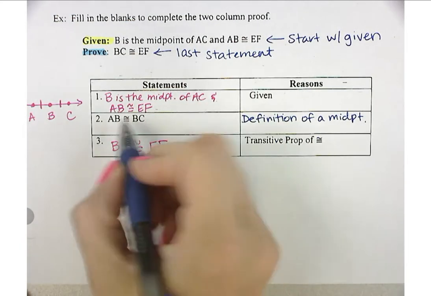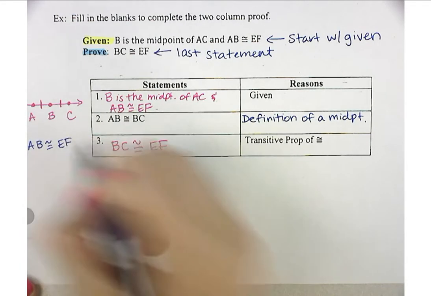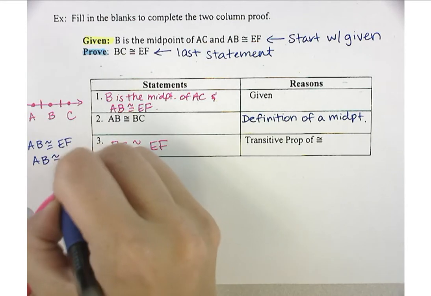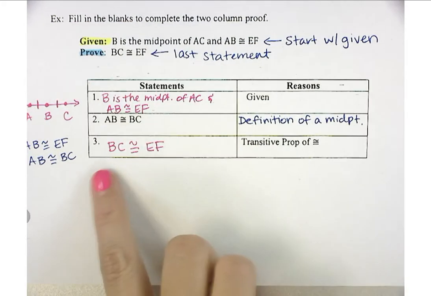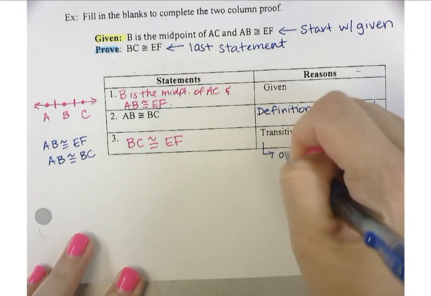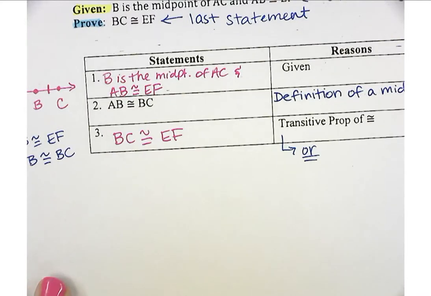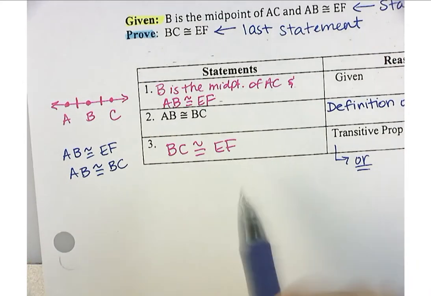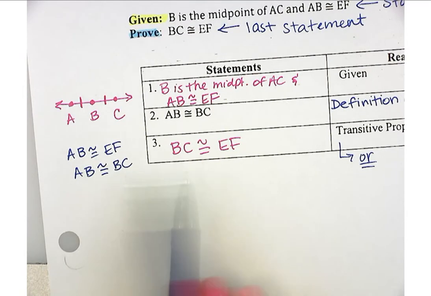So if AB is congruent to EF, and we have AB is congruent to BC, then we can say BC is congruent to EF, and you could use the transitive property, or you could also use what? What's something else you could use? If I know that AB is congruent to EF and AB is congruent to BC, how could I get BC is congruent to EF?